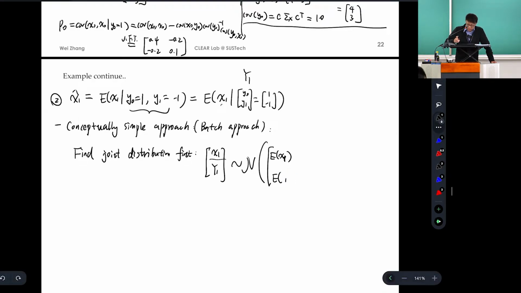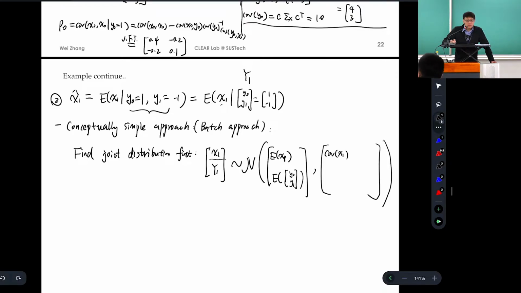Let's write y1 more explicitly. You should know how to compute this, though I haven't derived it for you yet. Now we have the covariance matrix, right? This is the covariance of x1. You should know how to compute this. It's fairly straightforward, although it takes some effort to find those numbers. Then x1 with y1, and y1 with x1. This is the covariance of y1.